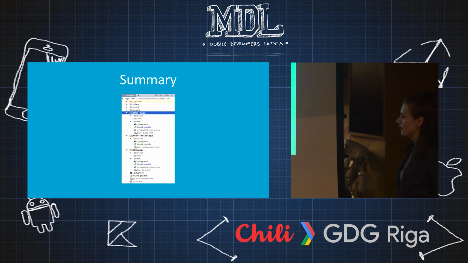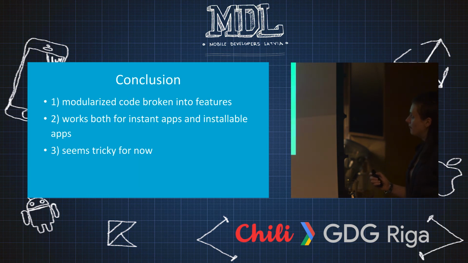Then there is a new application module that's almost empty, but it has the build.gradle file with the application ID, and it also has the dependencies listing all the feature modules. And we also have an instant app module that allows us to run as an instant app.